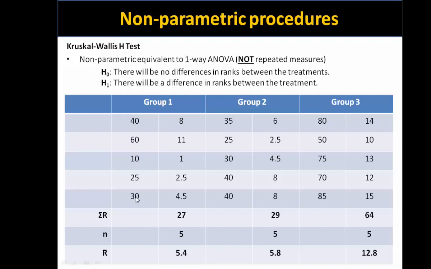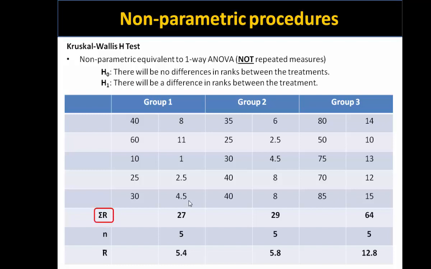Once those scores were obtained for all the participants, all the scores were then ranked from the lowest of 10 millimeters to the highest score of, as we see here, 85 millimeters, and that was a rank of 15.